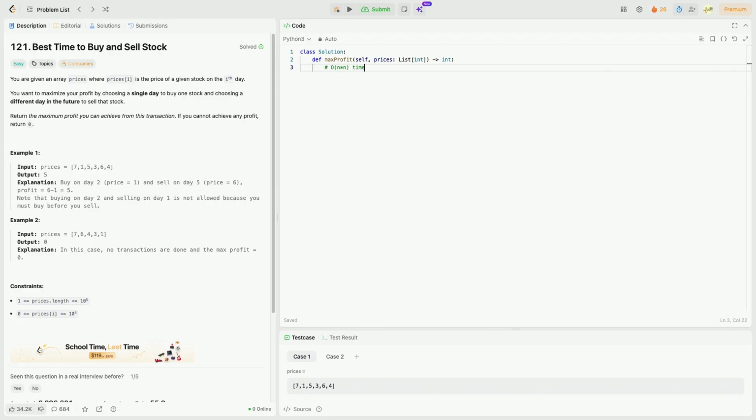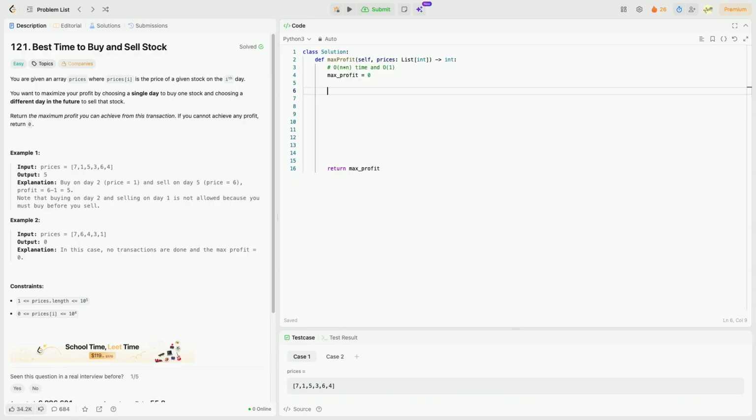We only need constant space. We only need to know what the maximum profit is. So the maximum profit by default is 0, and at the end we return the maximum profit.